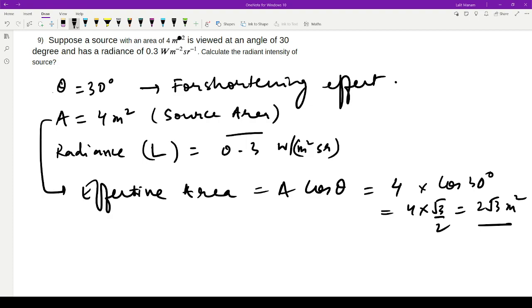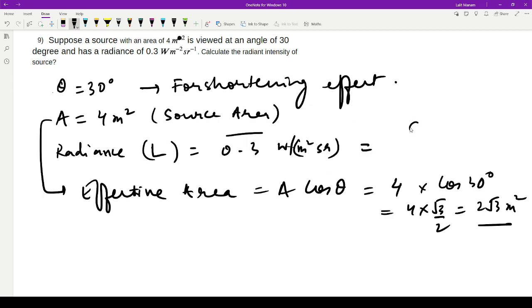Flux is watt and radiant intensity is watt per steradian, right? So what do we have here?